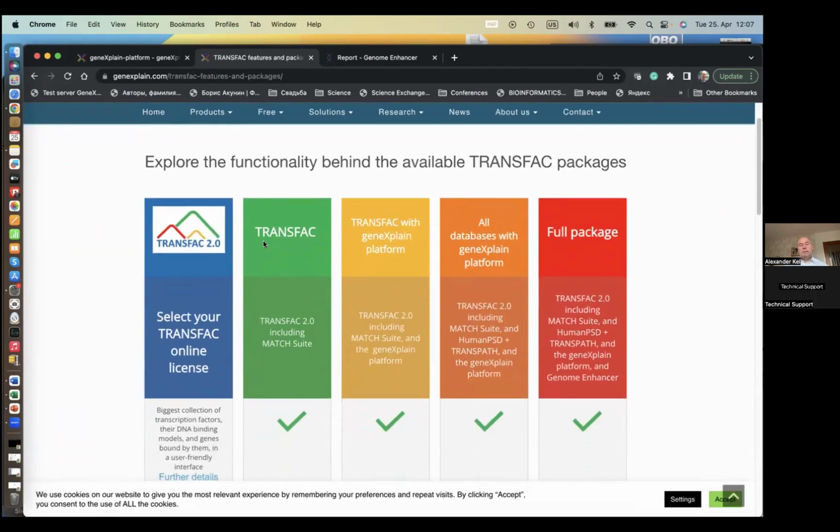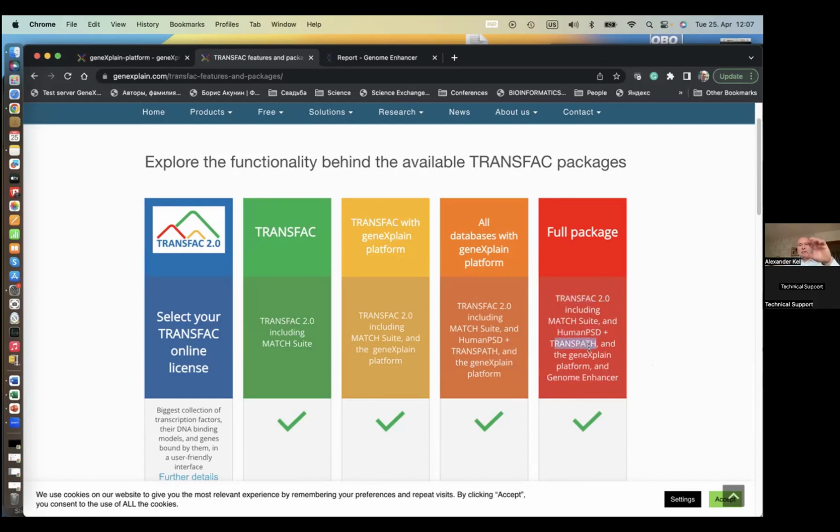What I was talking about today is actually the full package, which includes Genome Enhancer and the subscription to all other databases like TRANSFAC, TRANSPATH, and HumanPSD, which is the information about drugs and targets. TRANSFAC is about transcription factors and their binding sites.